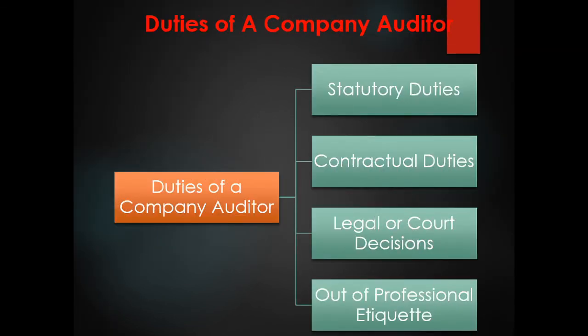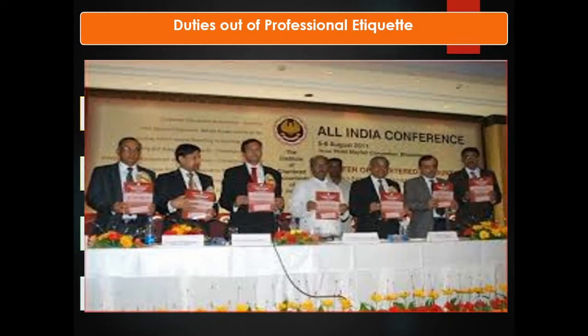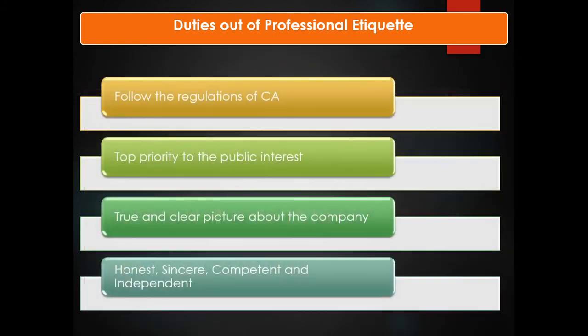Of course, we have seen the statutory duties, contractual duties, legal or court decisions, and the last one, the duties arising out of professional etiquette. An auditor is a lifetime member of the Institute of Chartered Accountants of India. It's a very dignified profession, and he has to follow the etiquettes of this profession.